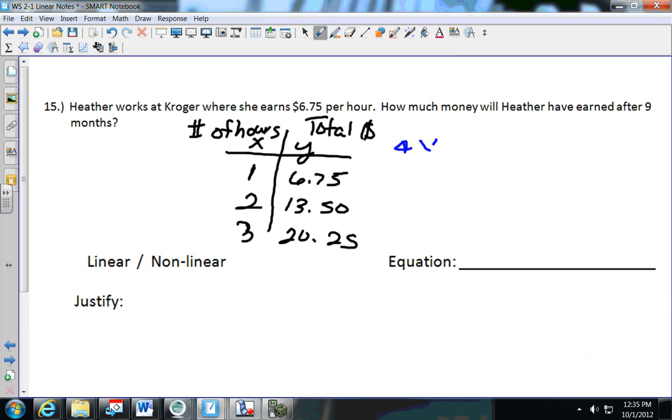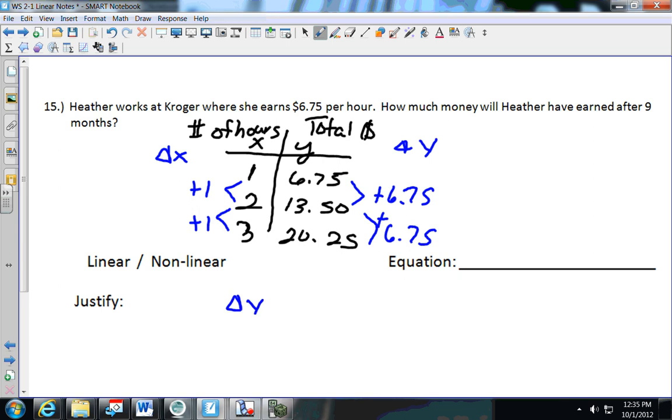Delta y, the change in y, it's going up by 6.75. Delta x is going up by 1. Delta y divided by delta x is 6.75 over 1.